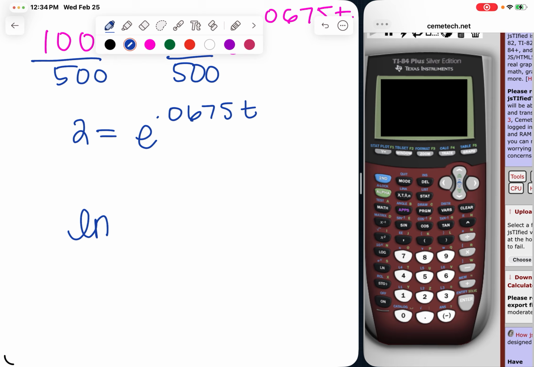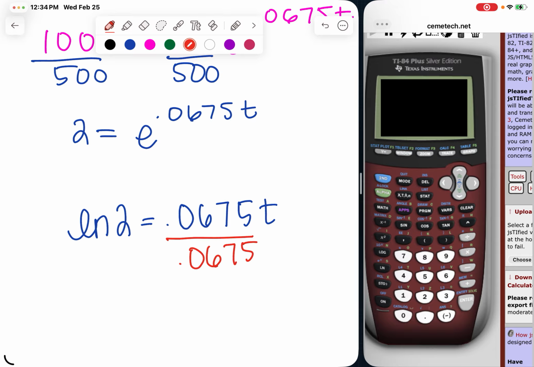Instead of doing common log, I'm just going to do natural log of 2 is equal to 0.0675 times T. And then to get T by itself, I'm going to divide by 0.0675.